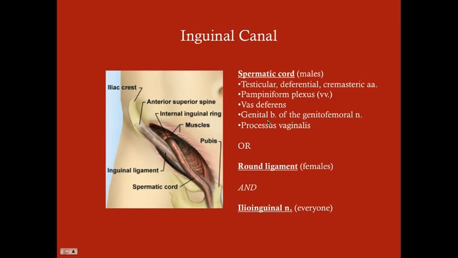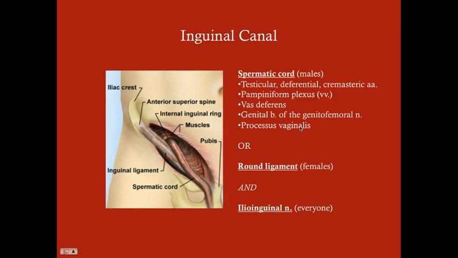You have a pampiniform plexus, which is a plexus structure of veins, to drain the region. The vas deferens, which is the all-important tube for sperm to go down, or I should say up, rather. And then you also carry the genital branch of the genitofemoral nerve. There's also something called the processus vaginalis.